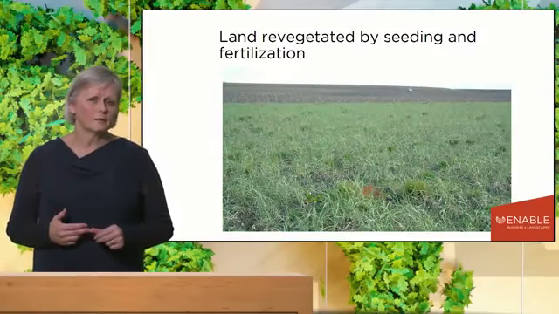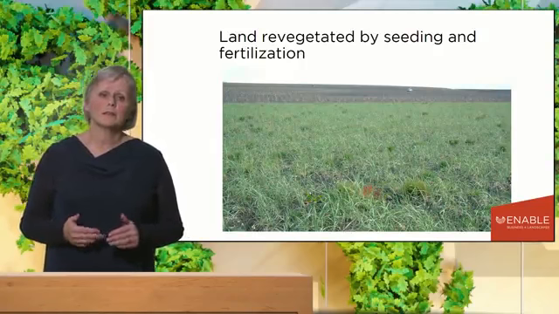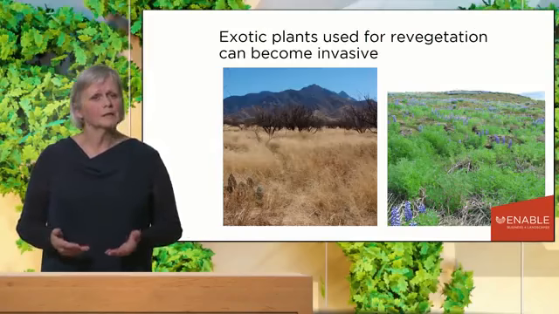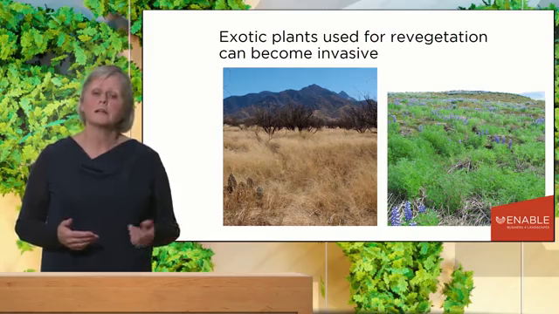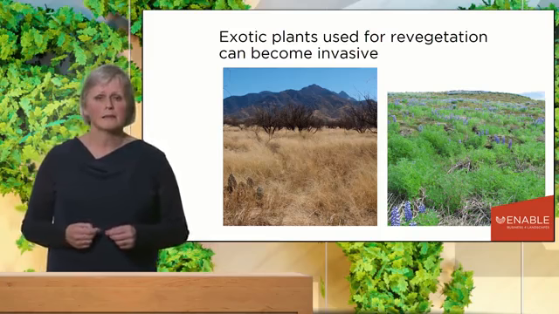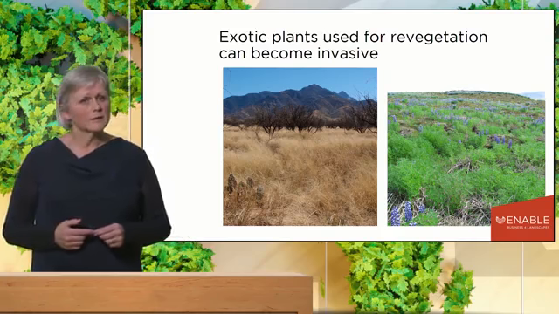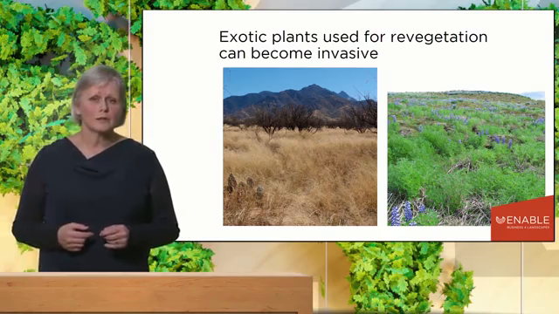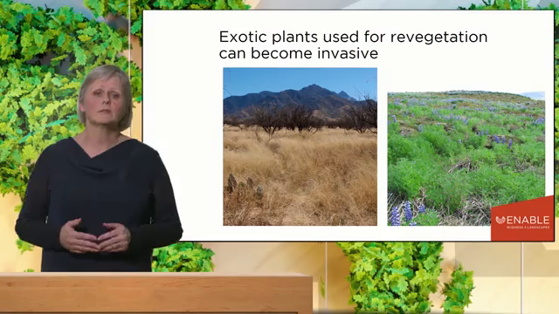If local plants are not available, it is important to select plant material carefully, as there are many examples of exotic plant species used for revegetation that have become invasive and have caused serious damage to ecosystems and livelihoods. In such circumstances, it is important to use short-lived, non-persistent species that will be replaced during succession.